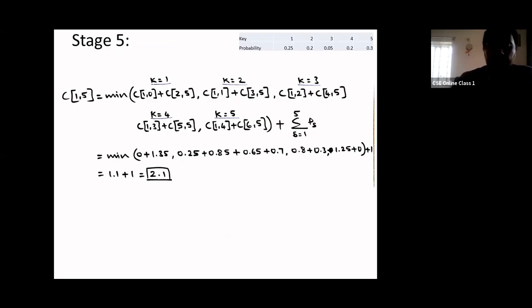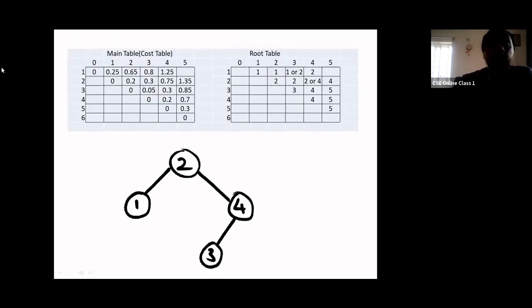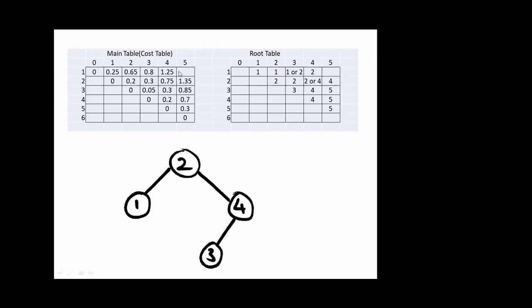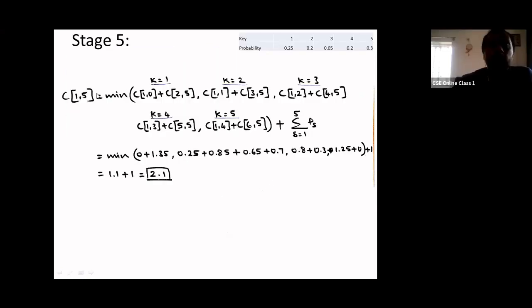Then stage 5: now we will take the optimal binary search tree for 1 to 5. So the last cell needs to be filled. When you choose 1 to 5, you can choose the key as 1, 2, 3, 4, or 5.